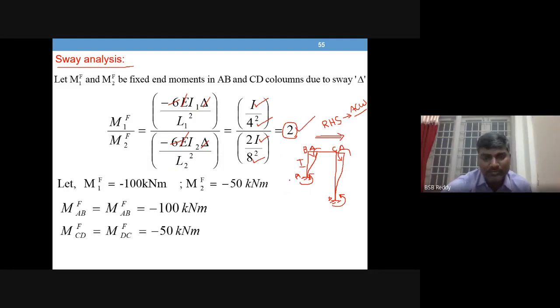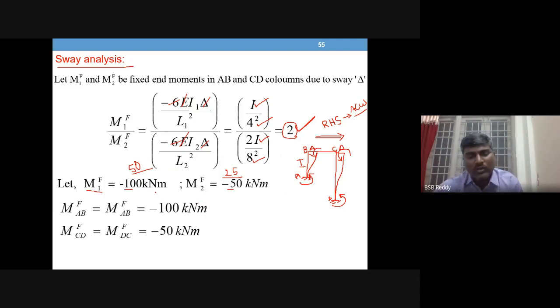You can assume any value. If M1, the column 1 fixed moment, is 100, then M2 should be 50. Likewise, if you assume M1 as 50, then this should be 25, because 50 divided by 25 matches the ratio 2. If you take this as 10, then this should be 5.